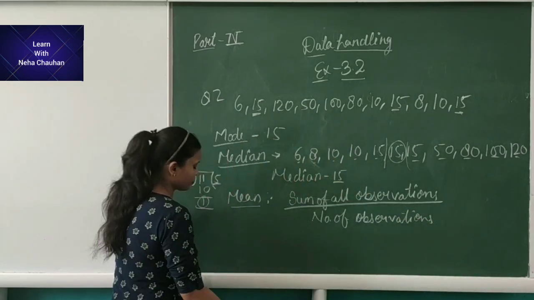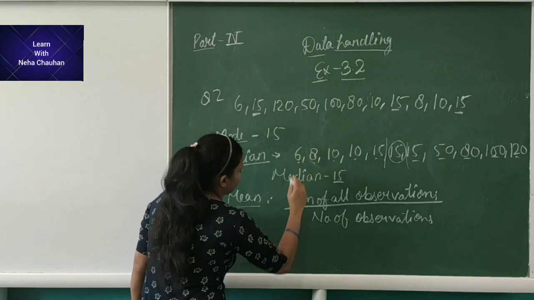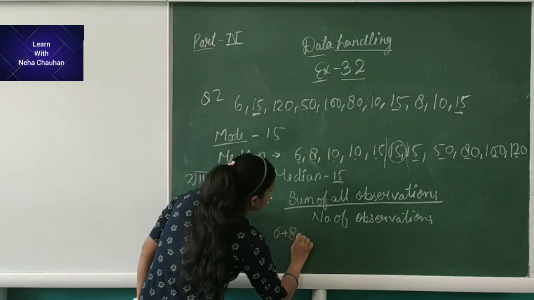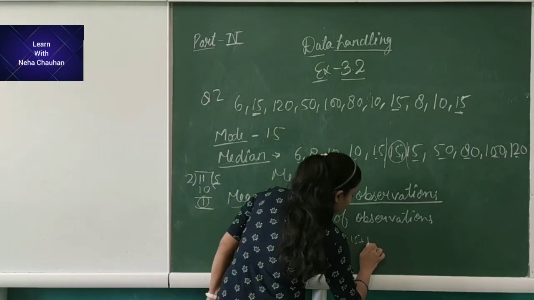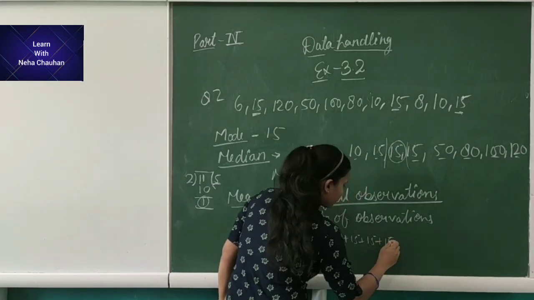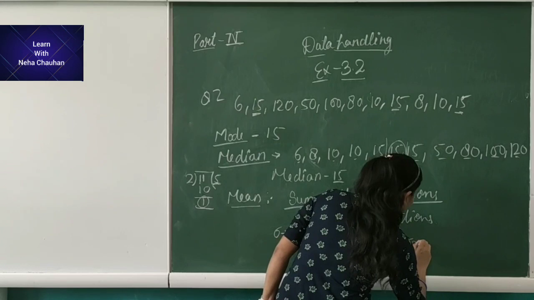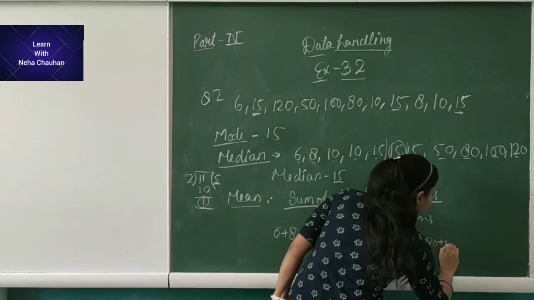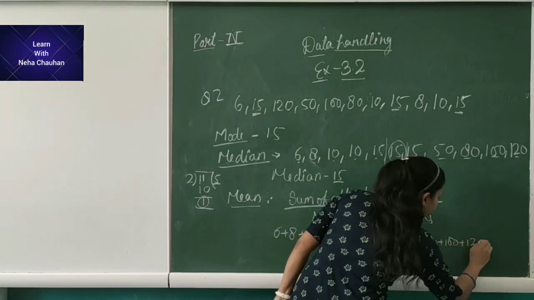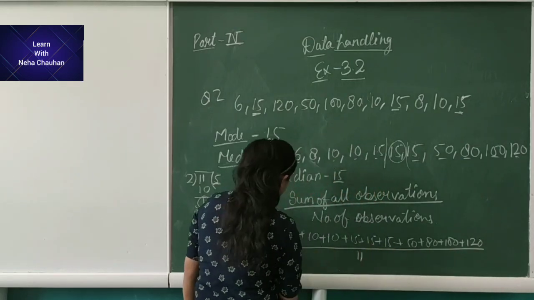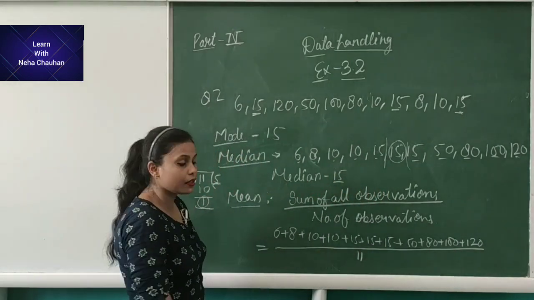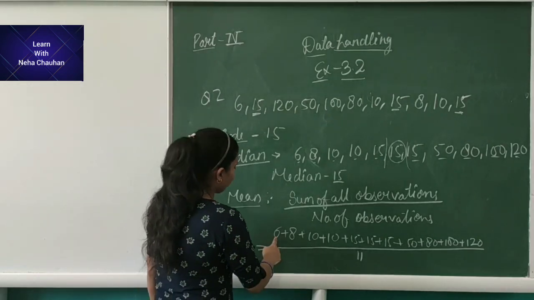Now we will sum all these: 6 plus 8 plus 10 plus 10 plus 15 plus 15 plus 15 plus 50 plus 80 plus 100 plus 120, divided by 11, because we have 11 observations. Now add these.